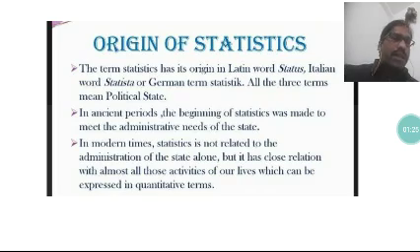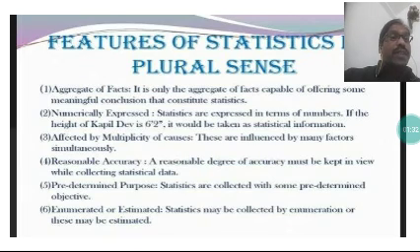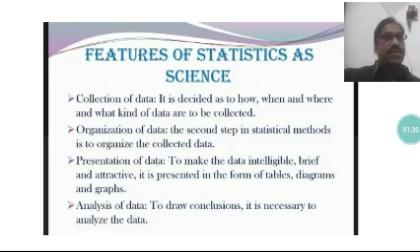Introduction, origin of statistics, we have revised all these things. We have revised the features of statistics also. Don't forget all these things, it can be asked. It's very important. Features of statistics as a science, why it is important in the branches of science, that also we have understood. So we have discussed all these things.